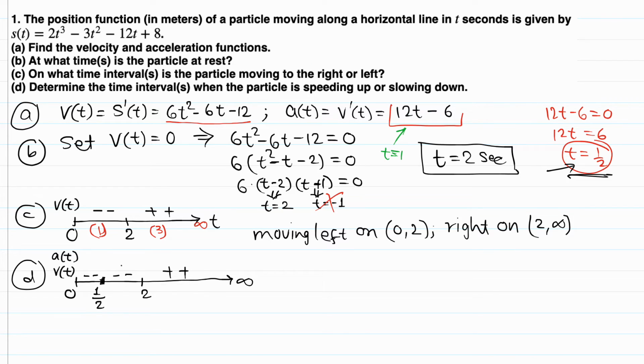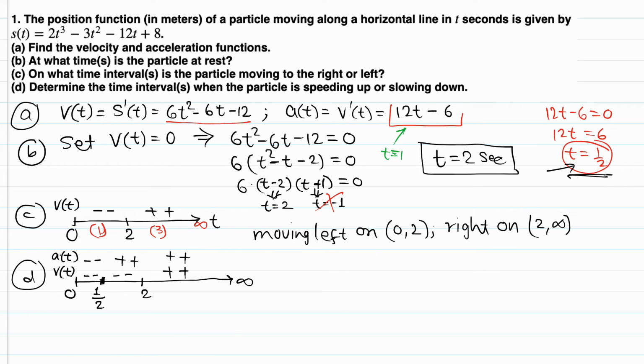So acceleration is positive here, and positive for the rest of the interval. On the left, we can try 1/4, which is less than 1/2. 12 times 1/4 is 3, and 3 minus 6 is negative, so it's negative here.